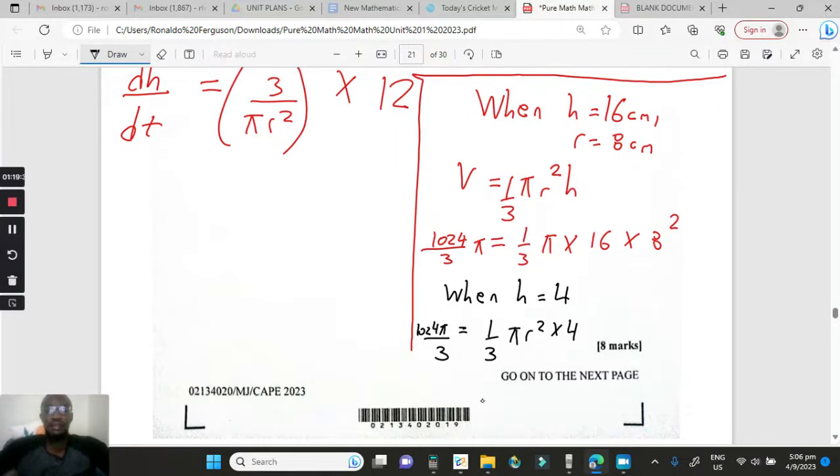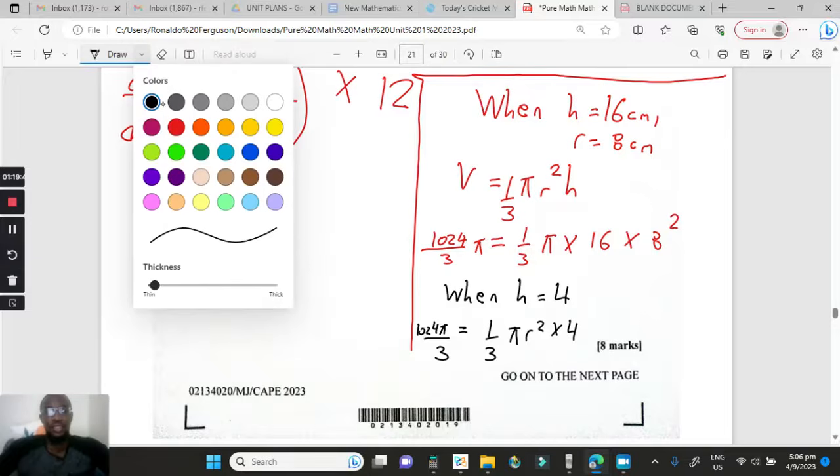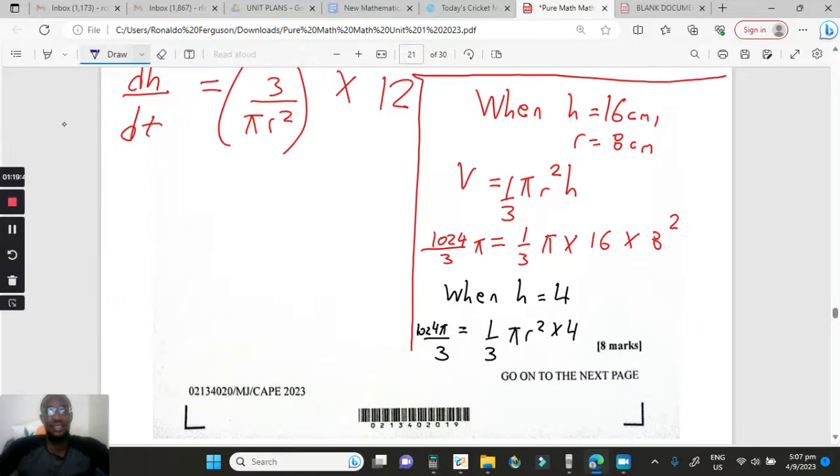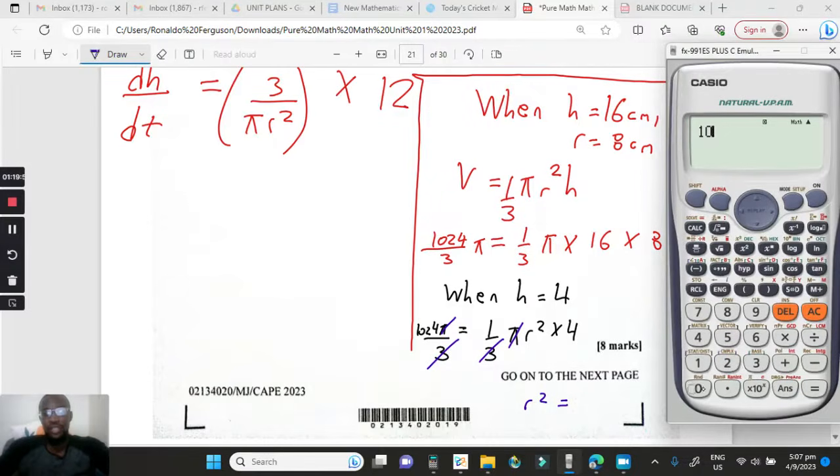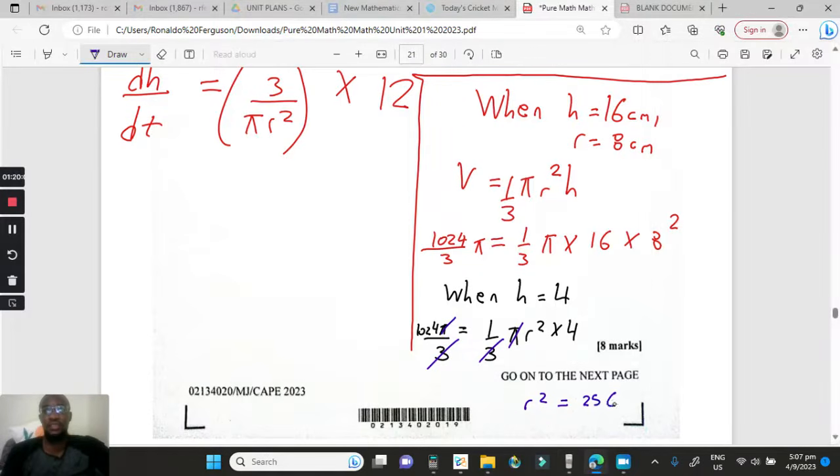I need to make the radius the subject. The pi cancels pi, and the 3 in the denominator cancels. Then we divide by 4 to get the radius squared: 1024 divided by 4 is 256. So r squared is 256.